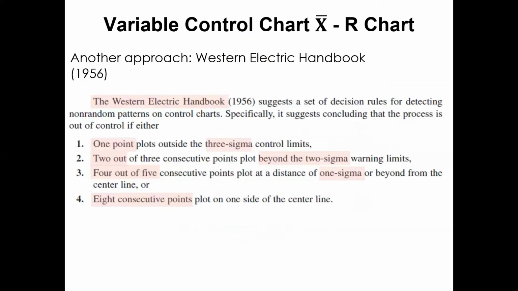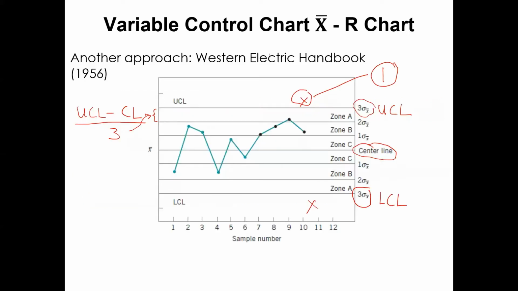The second rule of the Western Electric Handbook suggests that 2 of 3 points plot beyond the 2 sigma warning limit. The 2 sigma line is called the warning limit. 3 sigma control limit, 2 sigma warning limit.